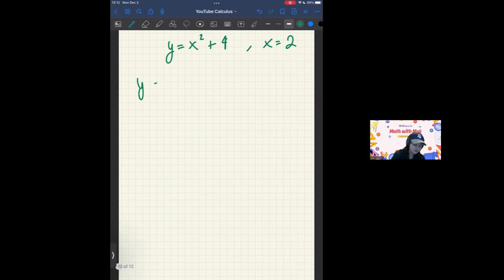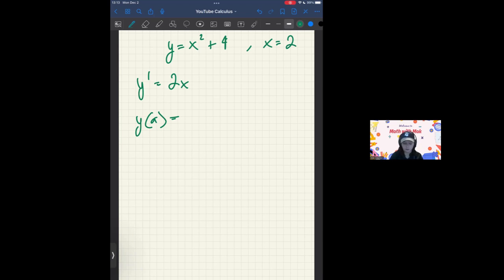So our y prime is still 2x because the only thing we've done is add a constant, right? So you may think that your tangent line should just have that 2x, but it doesn't, right? Because we need to plug in 2 to the original equation, which would be x squared.